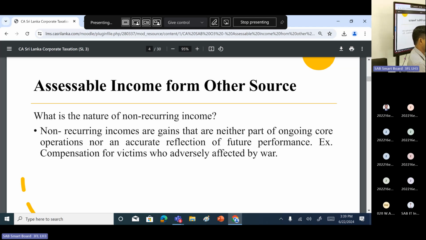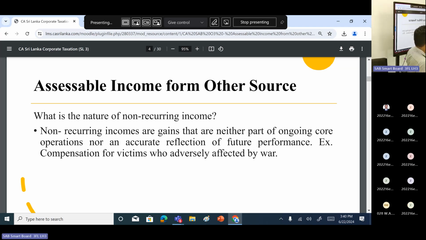From that they got some sort of income, and at that time the country was under the control of the Queen. So the decision was given in favor of the taxpayer. It says there is no repetitive nature. Therefore, it cannot be considered business income. There should be a repetitive nature in the case of a business.